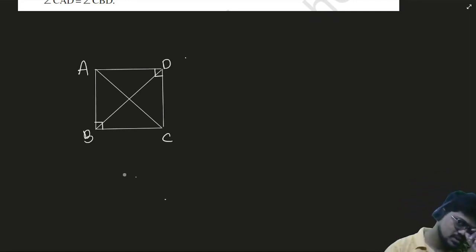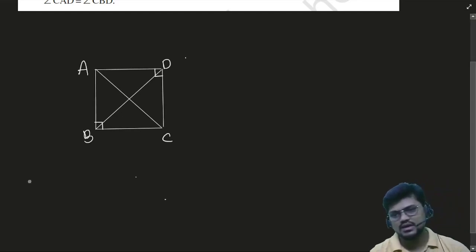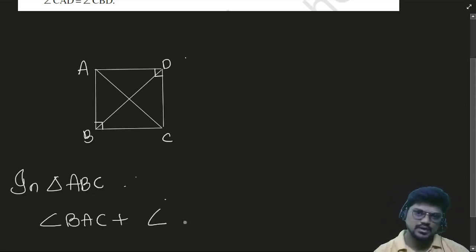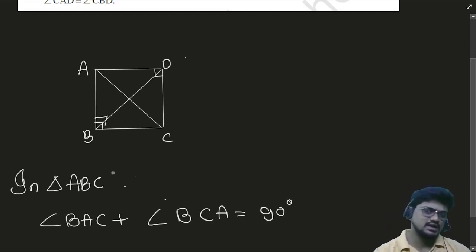Now, what I can say, in triangle ABC, angle BAC plus angle BCA will be equal to 90 degrees, because this angle is 90 degrees, so the sum of these two angles will be 90 degrees, yes or no?